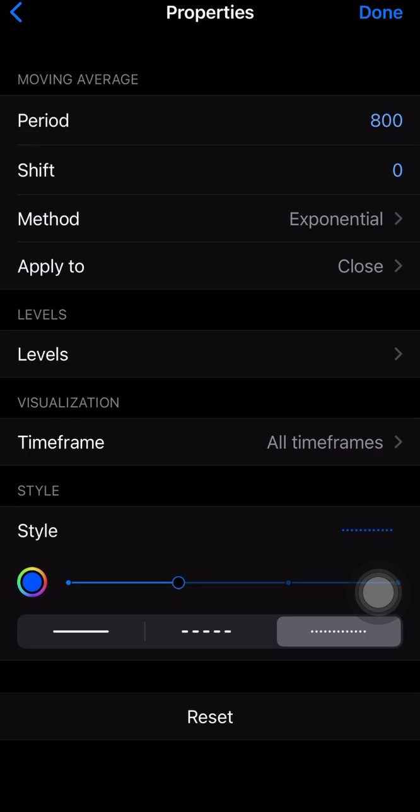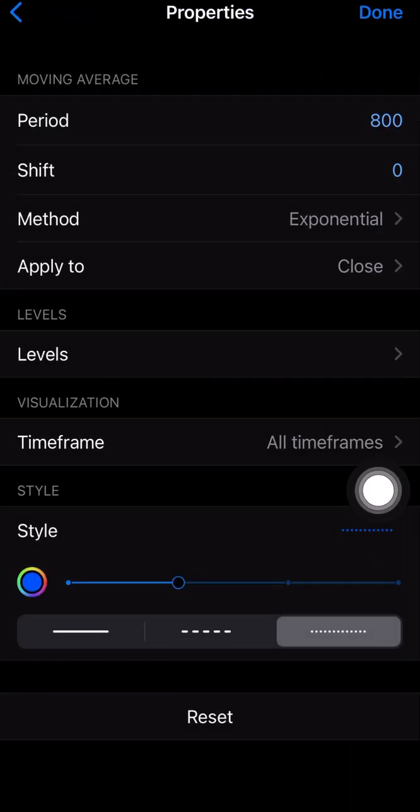Shift will be 0, method exponential, apply to the close. So once the candles close and the period is ending, that's what it will measure off of, which is what we need. Levels, you don't really need to do that with any level. That's with something else. All time frames, and here you can adjust if you want a dotted line, dashed, or solid. And those are my settings.